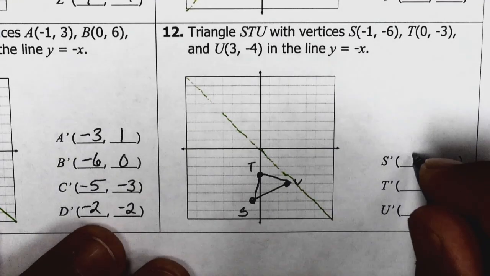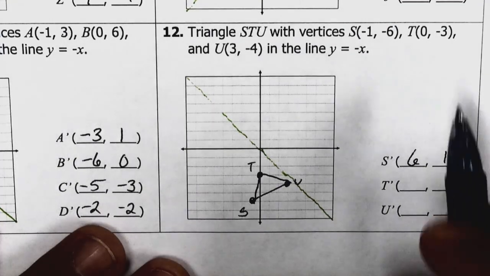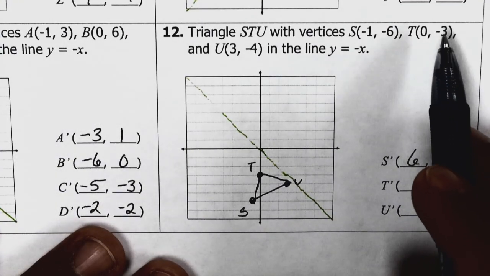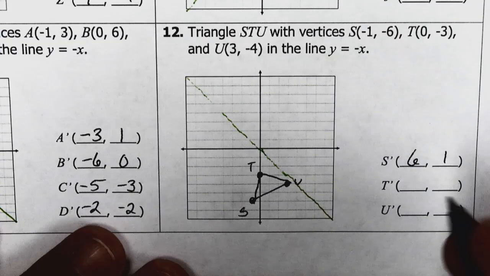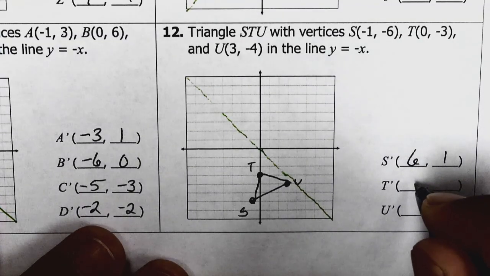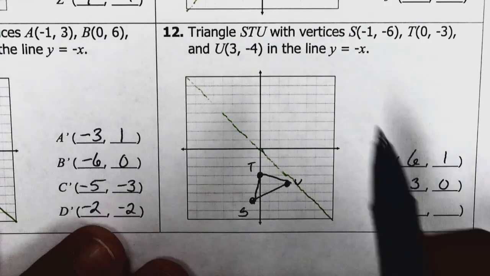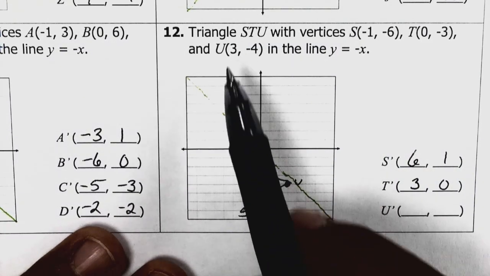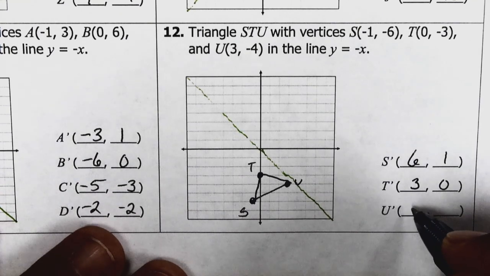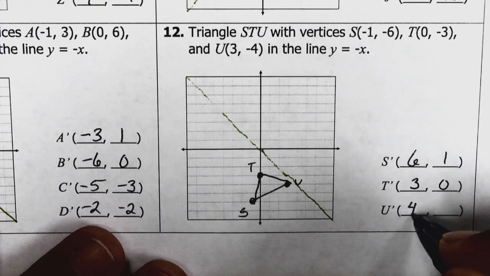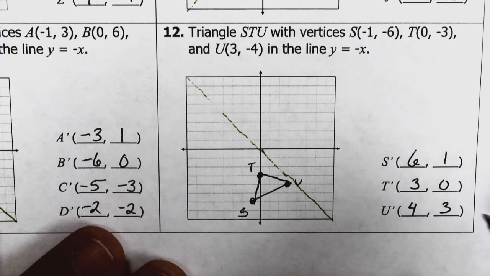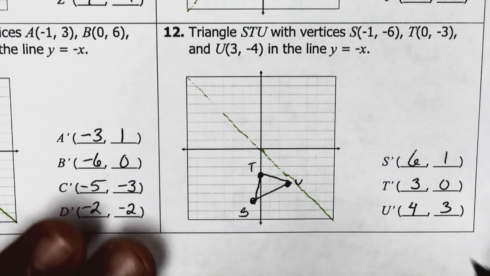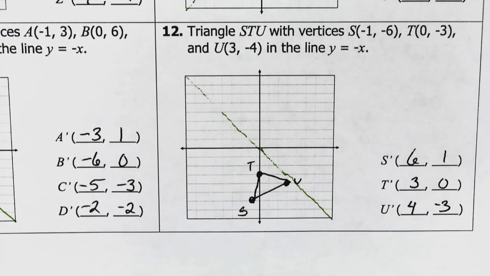So it's going to swap to a +6, +1. T is at 0, -3. So T prime will swap to a 3, 0. And then U is at 3, -4. So it's going to swap to a +4, -3. There we go. Alright, so then all we have to do once again is just plot those points.